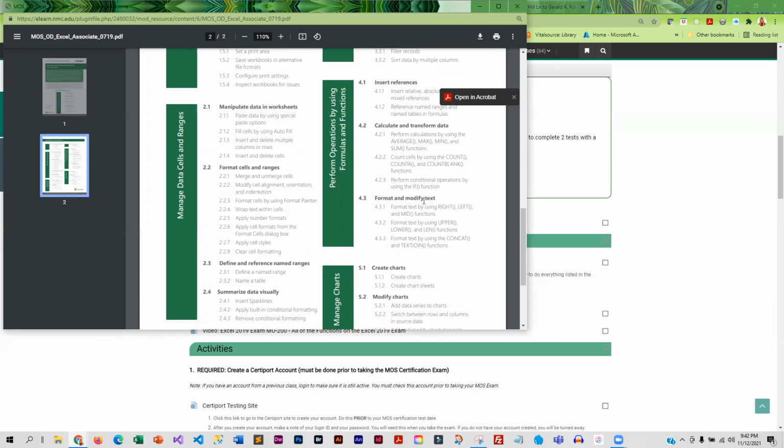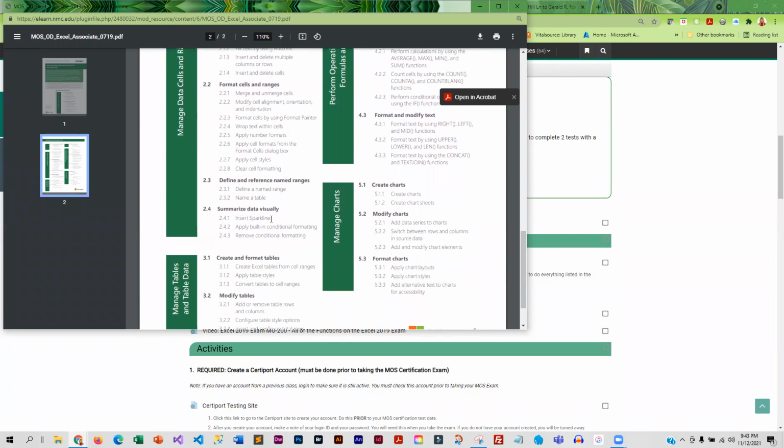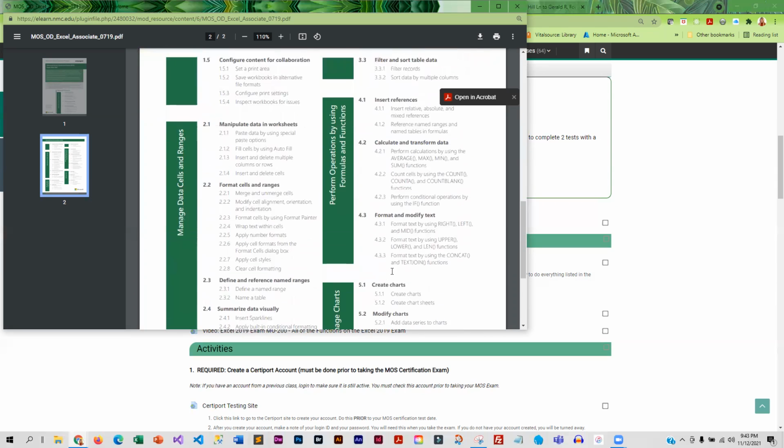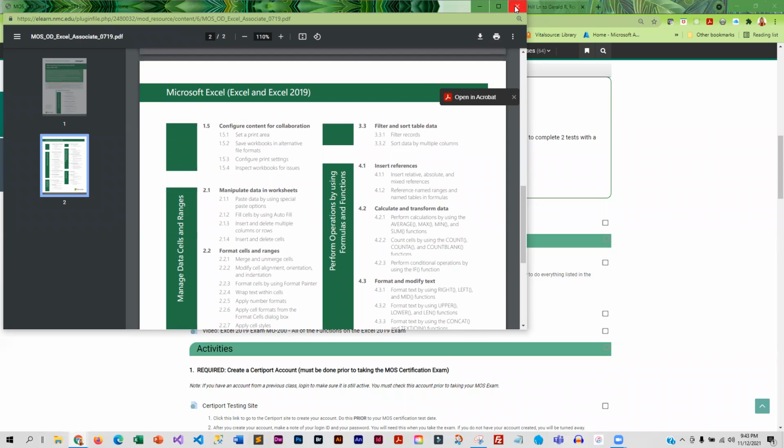So if there are some of these advanced functions that you aren't quite sure how to put together, that is what I would start with as far as studying. Sparklines is another thing that a lot of students forget about. We do cover them in this class, but I would definitely take a look at all of this and make sure that you can do it all. And then you should do really well on that test.